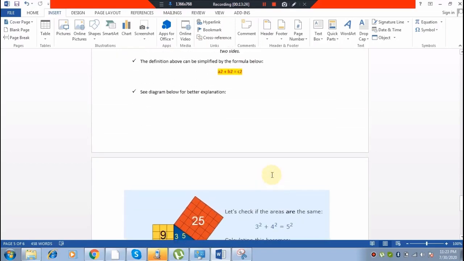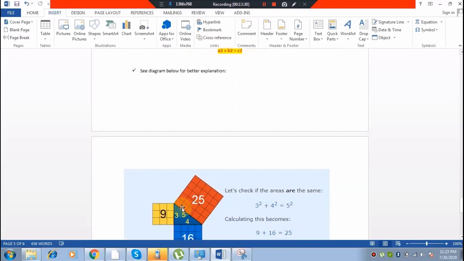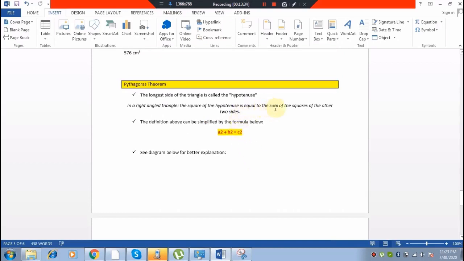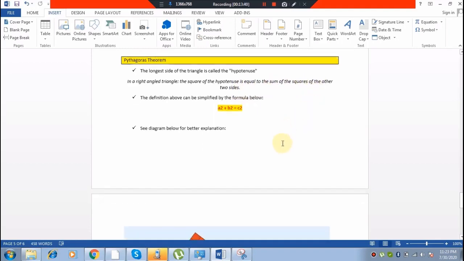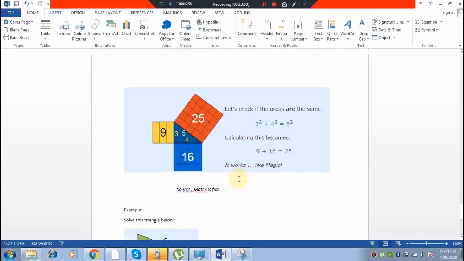If we look at our formula, it says that the square of the hypotenuse, the longer side, is equal to the sum of the squares of the other two sides. Or basically we are saying the square of the height and the square of the base equals the square of the hypotenuse. Makes sense, guys? Simple and simplified.